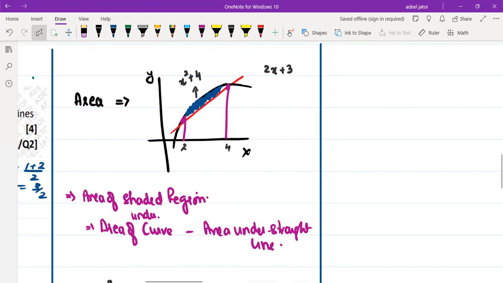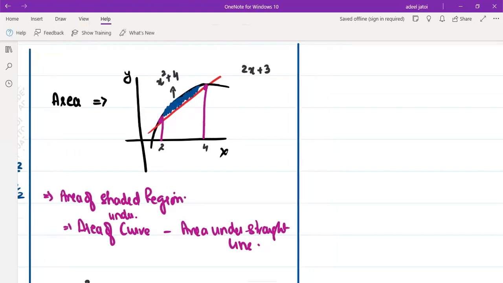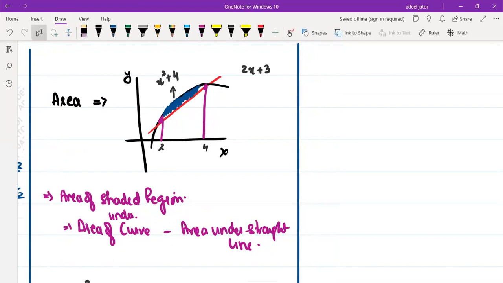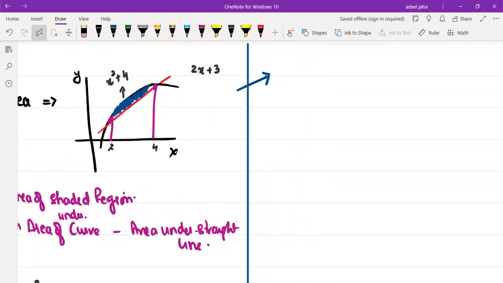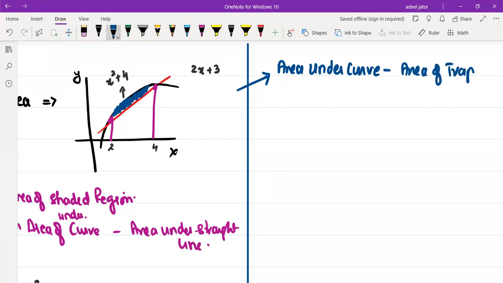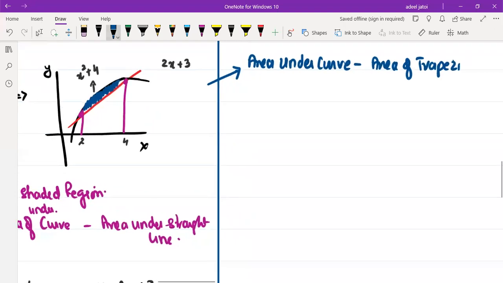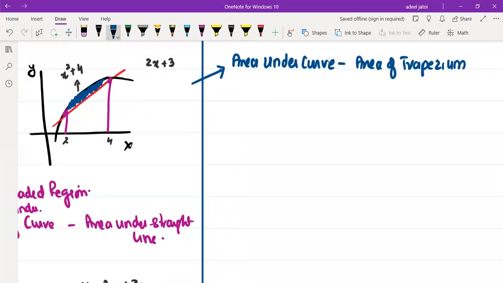The other best possible solution is, the same question can be solved through area under the curve minus area of a figure, which is the area of a trapezium. So in this case, you will not have to integrate your straight line with limits.